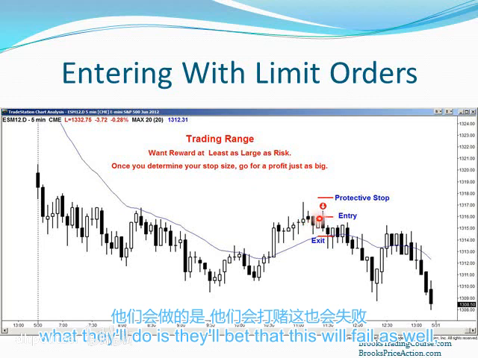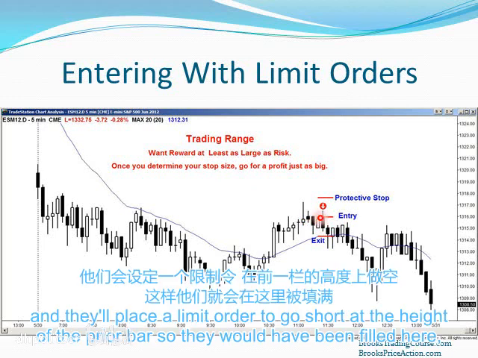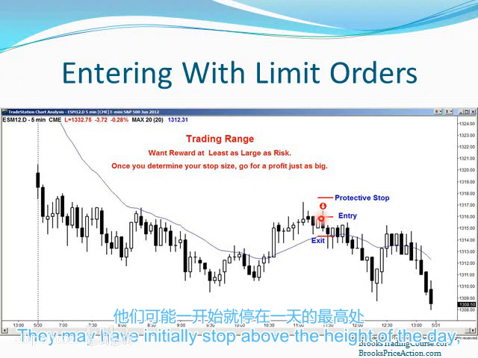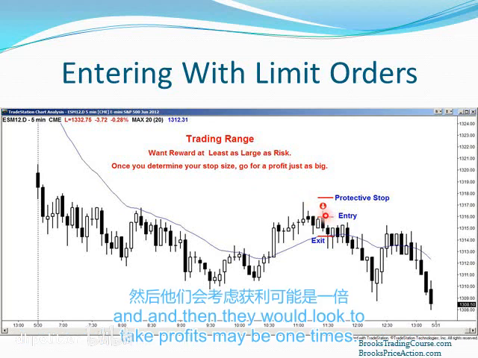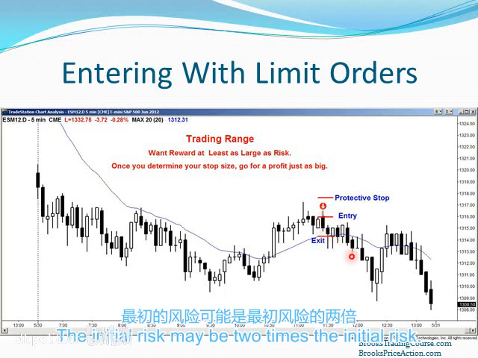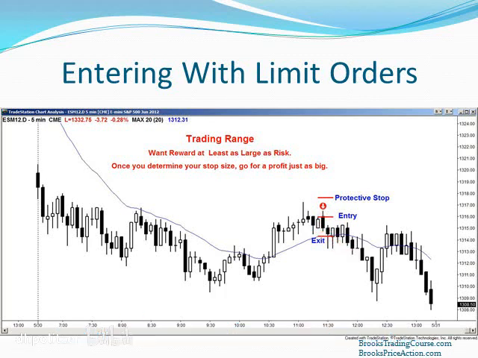Instead, what they'll do is they'll bet that this will fail as well, and they'll place a limit order to go short at the high of the prior bar, so they would have been filled here. Initial stop, they may have initial stop above the high of the day, and then they would look to take profits, maybe 1 times the initial risk, maybe 2 times the initial risk.